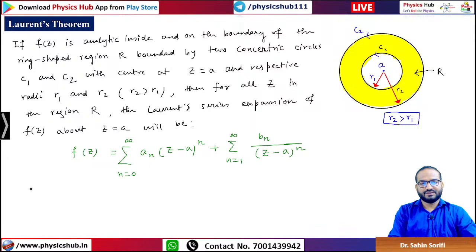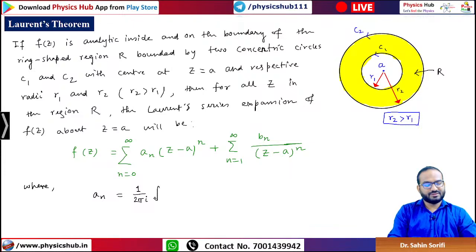Now here you see there are two terms, a_n and b_n. a_n is equal to 1 upon 2 pi i, although you may not require this value of a_n, but for the sake of completeness we are learning this.